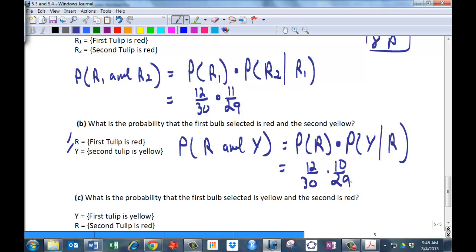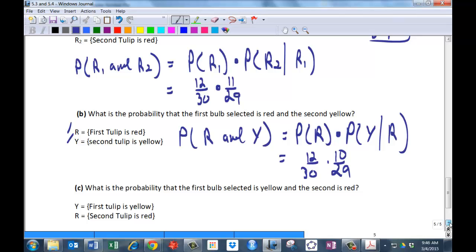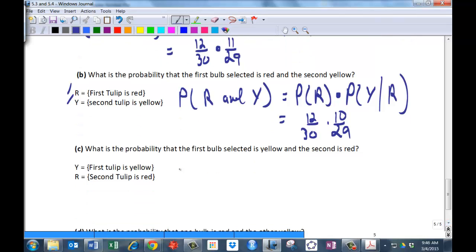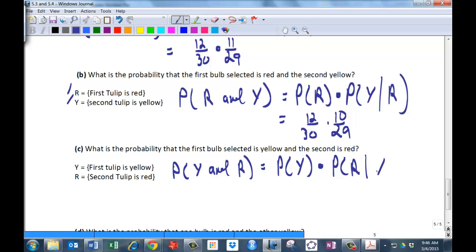Okay. And then the next part, what's the probability the first one is yellow and the second one is red? So probability the first bulb is yellow, second one is red. Well, this will be the probability you get a yellow times the probability you get a red, given the first one was yellow.